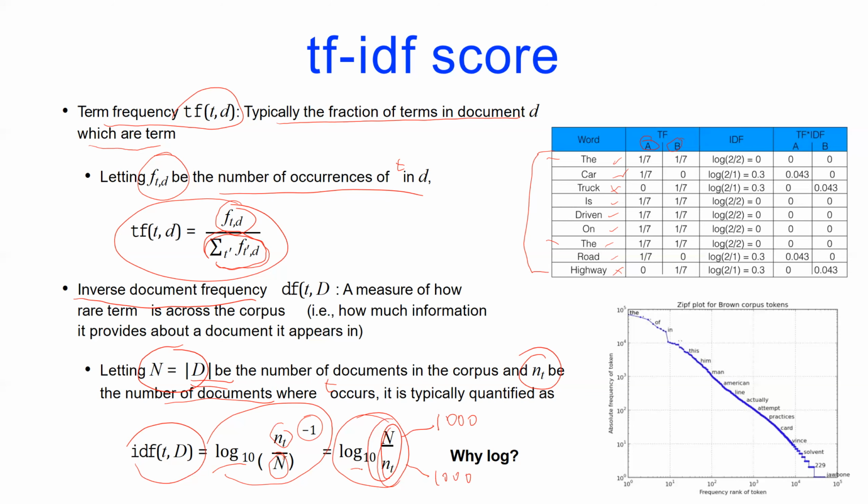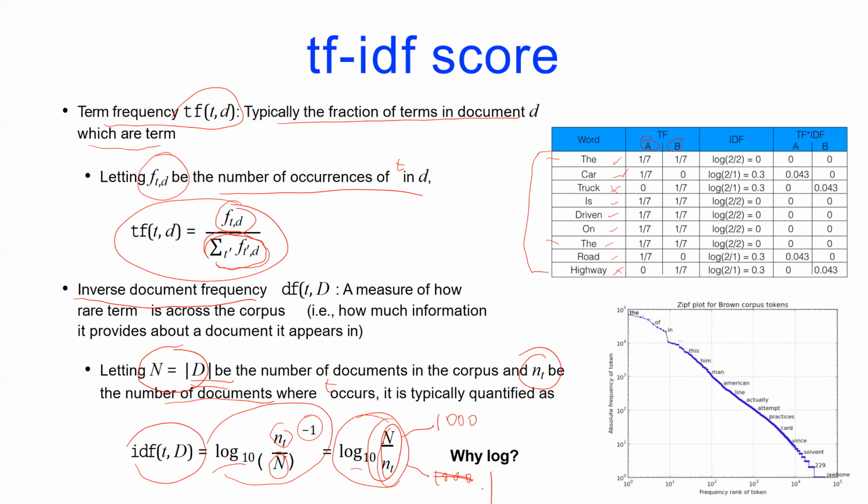Then I take a log, and I become 0. As you can see, it works very nicely. If this word is not useful at all, appeared everywhere, I get 0. Whereas if the word is very unique, then before I have 1,000, which is too large, of course. Then I take a log, I become 3, a very small number. I hope this makes sense to you, why we take a log.